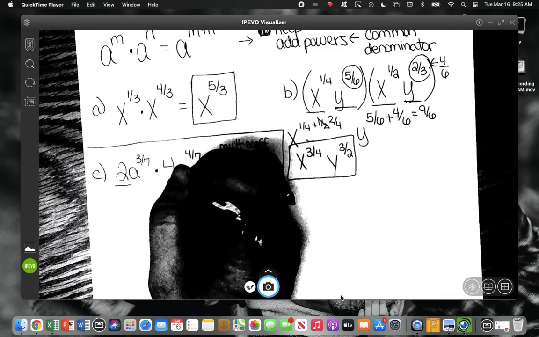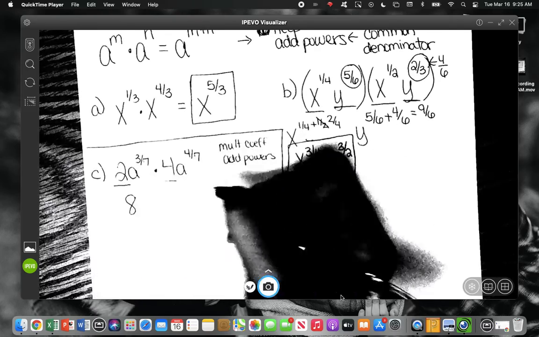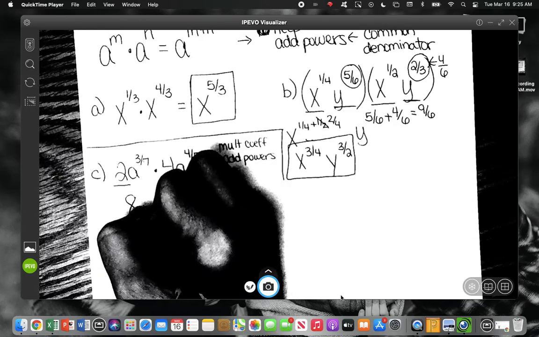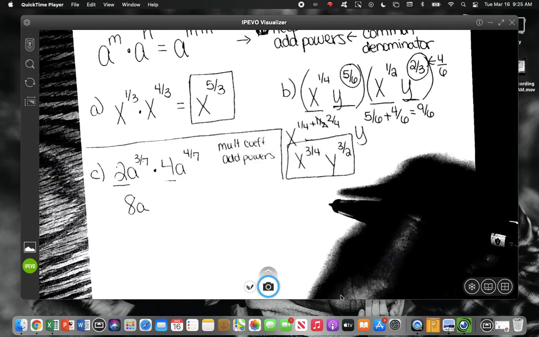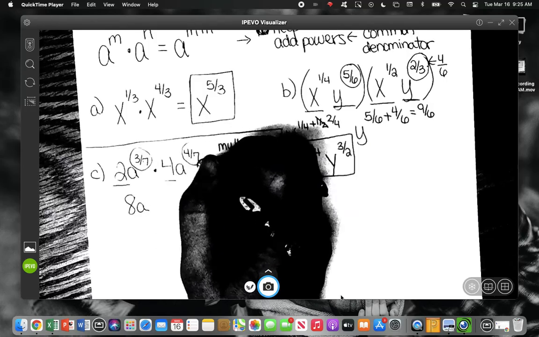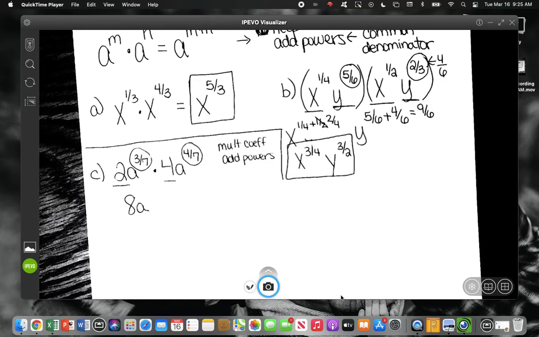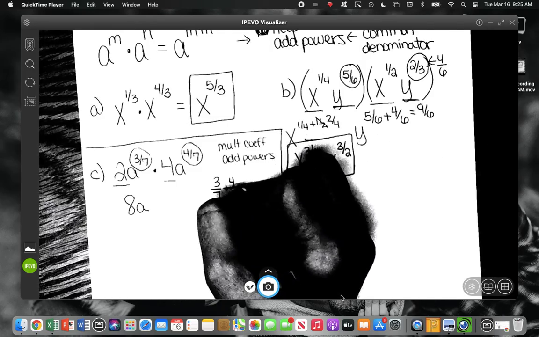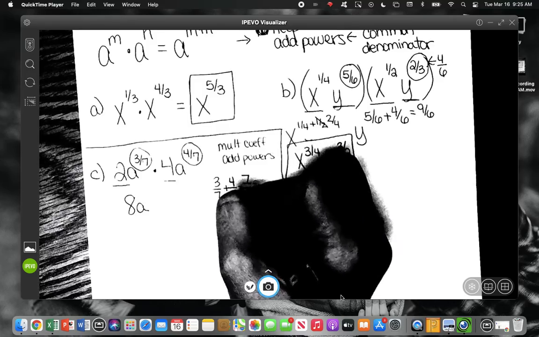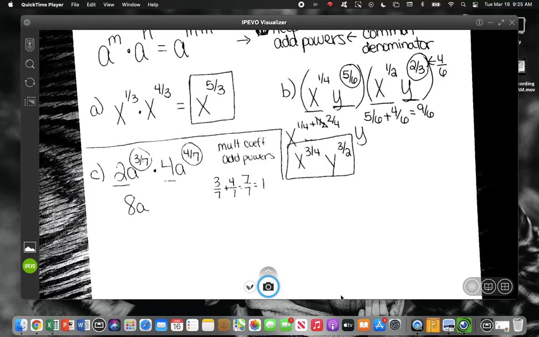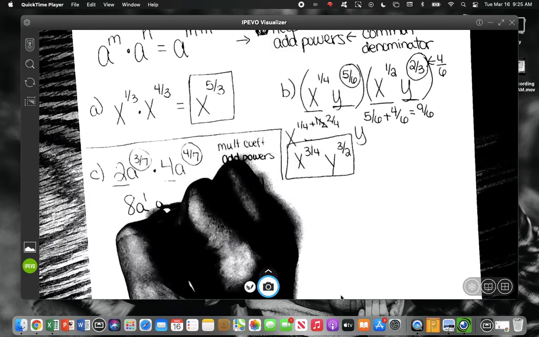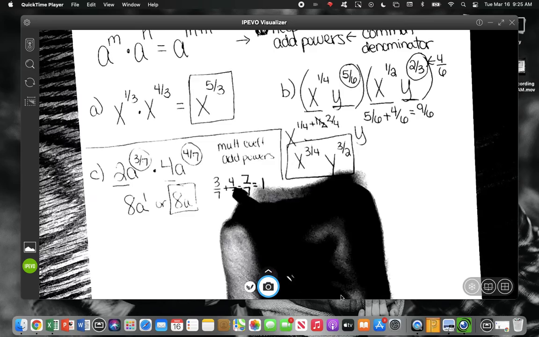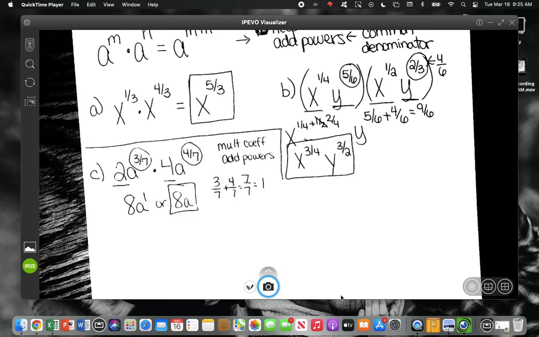All right, so 2 times 4 is 8. Now for a, we are adding 3/7 plus 4/7. 3/7 plus 4/7 is 7/7, which is 1. Do we really have to put a 1 there? No. If you put it there, I'm not going to mark it wrong. 8a to the first, or just 8a. So if you do have coefficients, I just wanted to remind you that you still can multiply those.